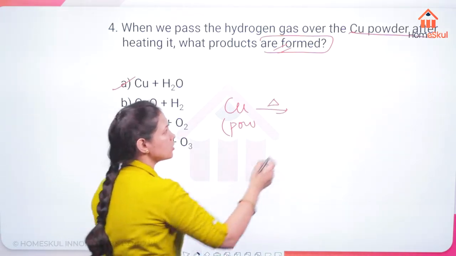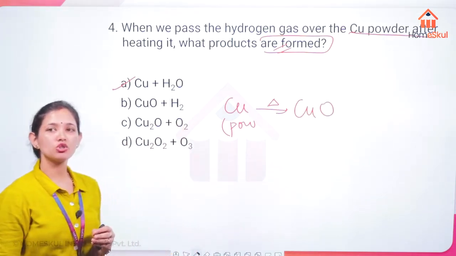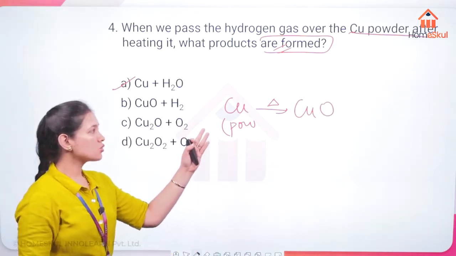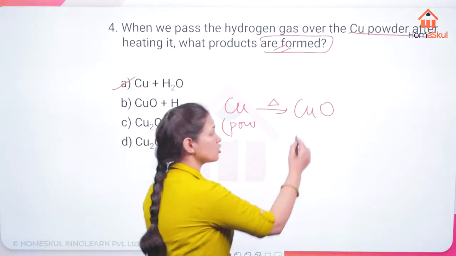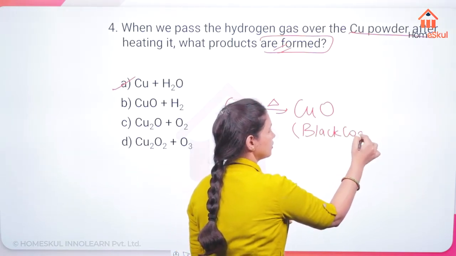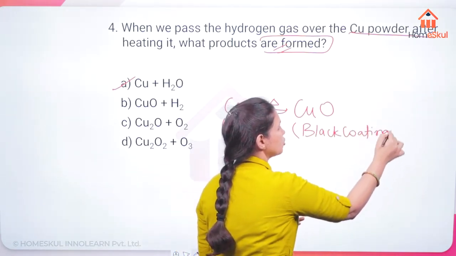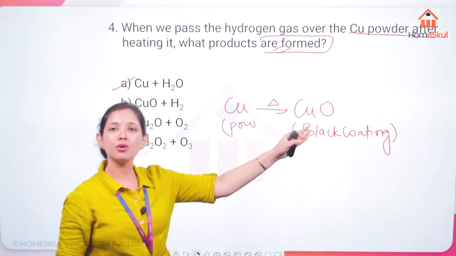Then what is it going to form? It is going to form CuO. Burning means oxygen is involved, so Cu plus O2 is going to give you CuO, and this is the black coating over that Cu powder. So after heating, this product is formed.